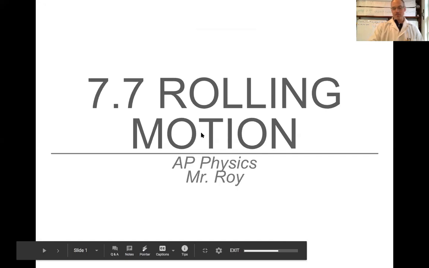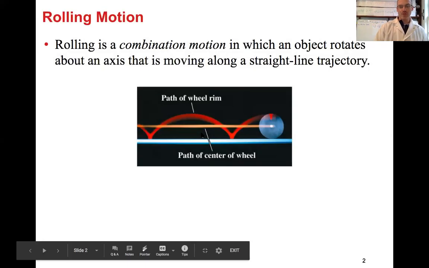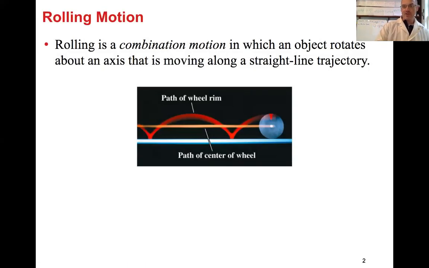I think this is mostly review, so it'll go pretty quickly, but we've talked a little bit about how rolling motion is a combination, right? Because a wheel or a bowling ball or a ball is going to be moving forward with a velocity, and as it's moving though, it's rolling to facilitate the forward motion.